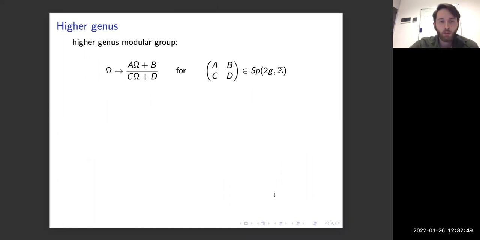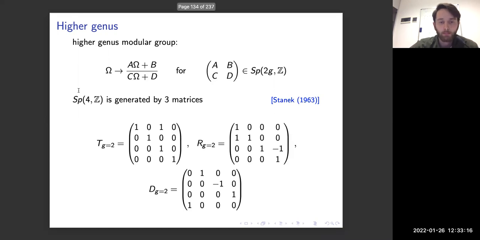Now, the higher genus modular group acts on the period matrices in this way. It's analogous to how they act on tau. Tau goes to (A tau plus B) over (C tau plus D), but now A, B, C, and D are G by G matrices. And at genus 2, this symplectic group is generated by 3 matrices.